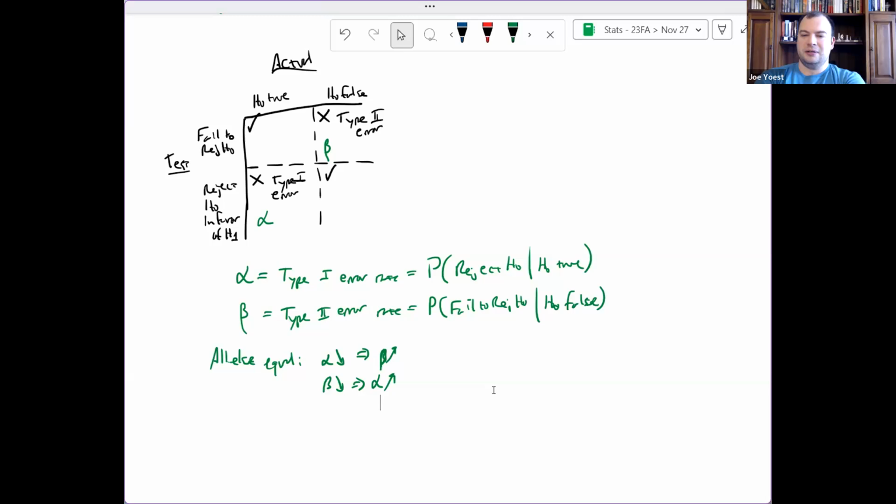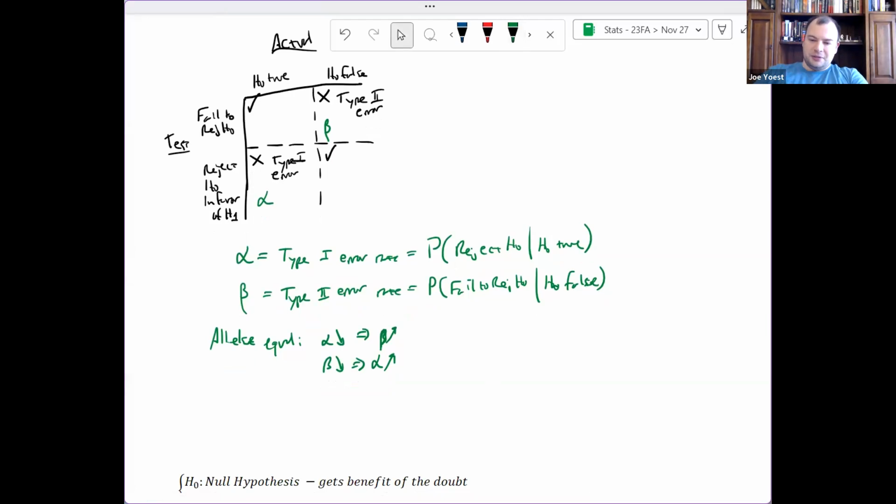So if we're pickier, we can reduce the type 2 error rate at the expense of having a higher type 1 error rate. And vice versa. If we're less picky, if we need a whole lot of evidence to say the person has the disease, then just the opposite is true. So where we set this sensitivity level of the assay or of our hypothesis test, that's where we're setting that trade-off between alpha and beta.